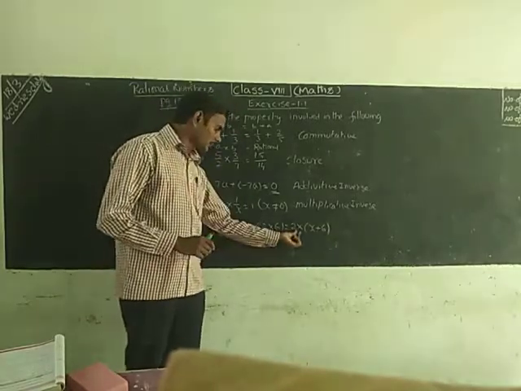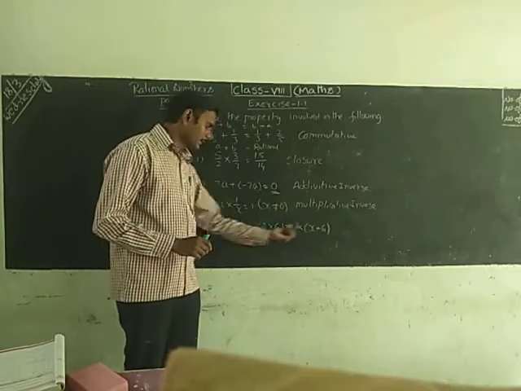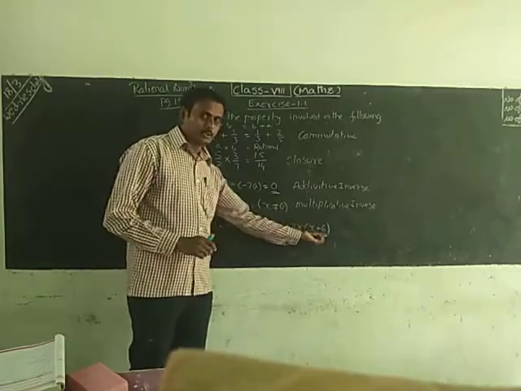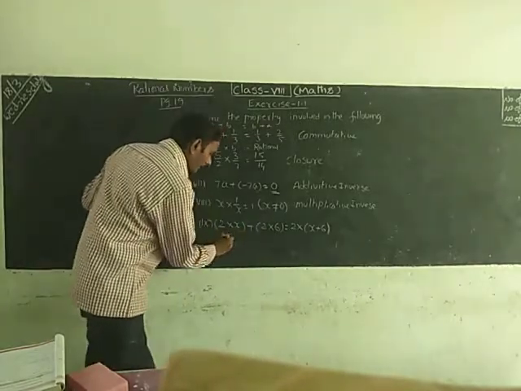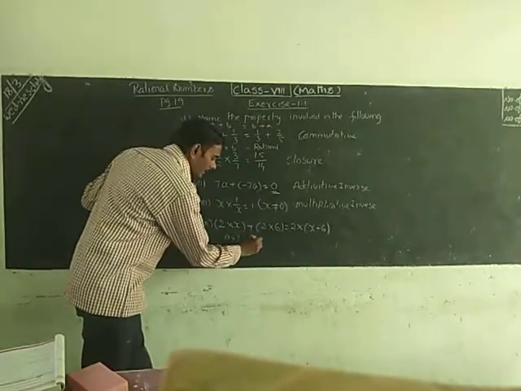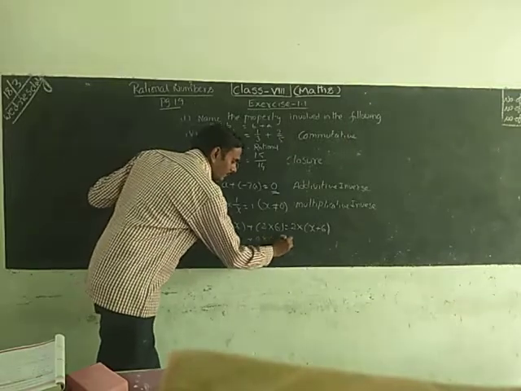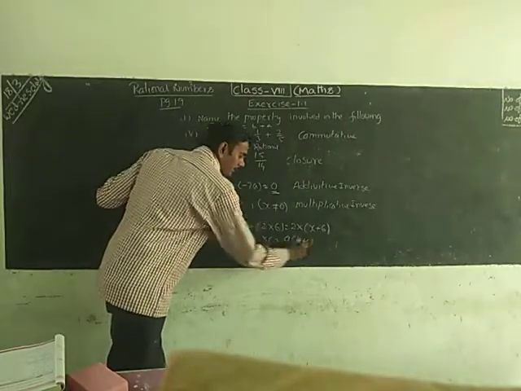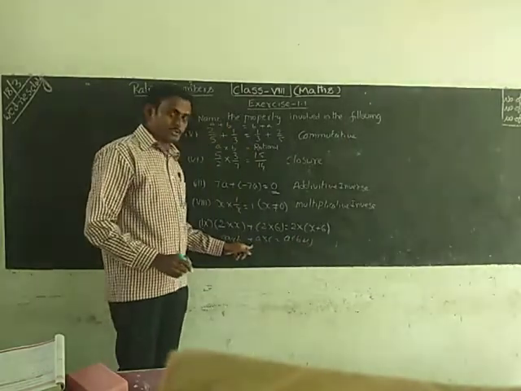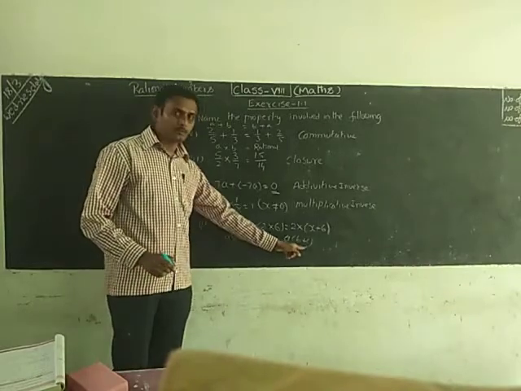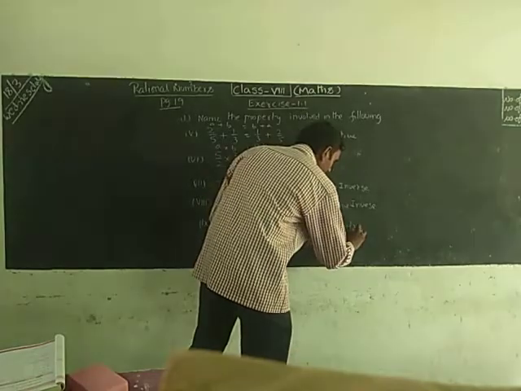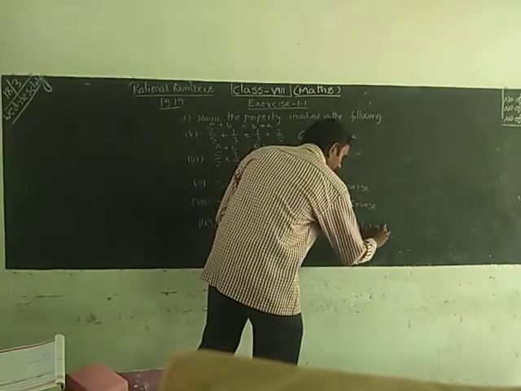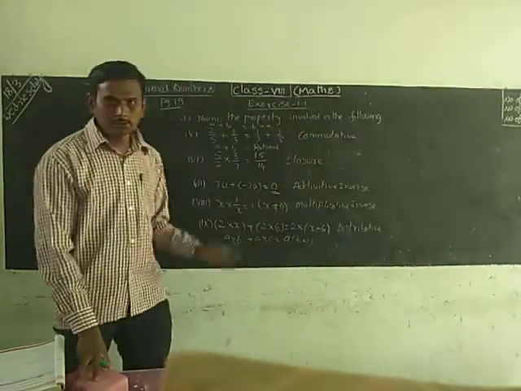It is in the form of A into B plus A into C equal to A into B plus C. This property is called the distributive property.